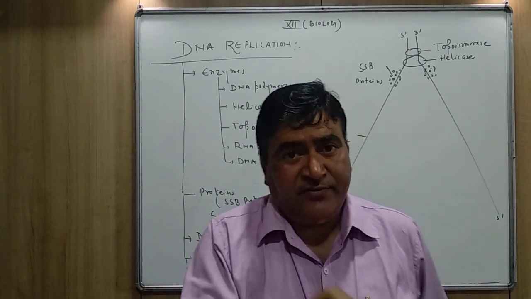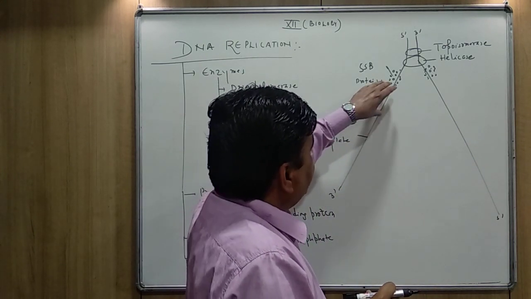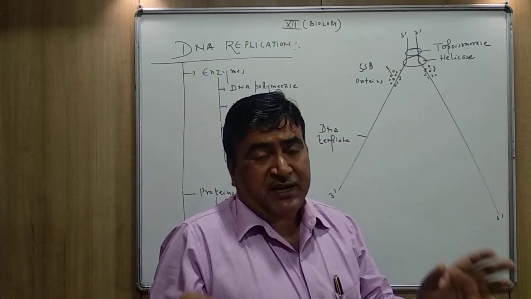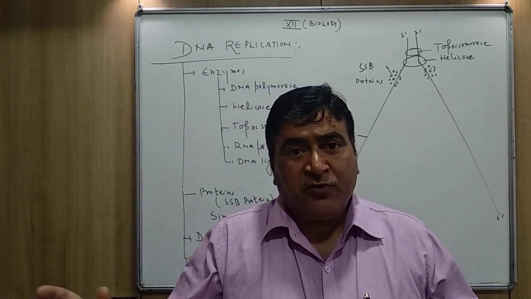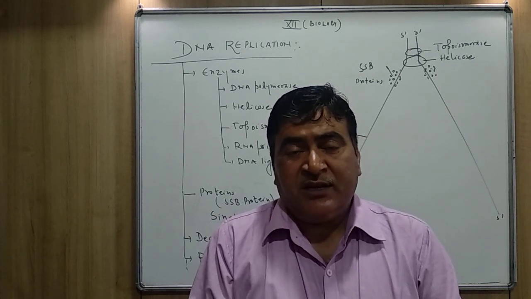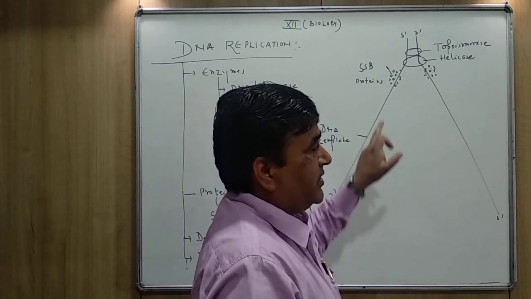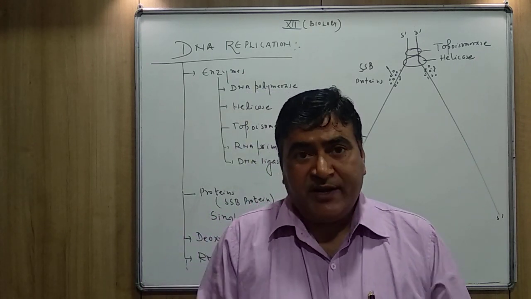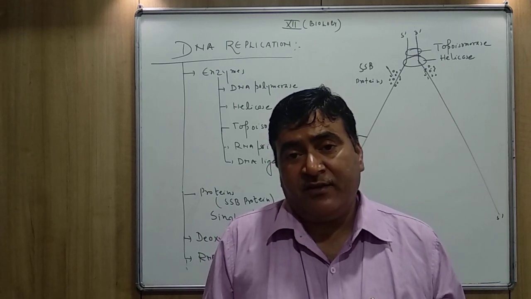The SSB proteins bind the single strand of this duplex DNA, and therefore the double-stranded DNA is not going to join again with the hydrogen bonds. If they are not held by the SSB protein, they may be coiled again, and there may be winding of the duplex DNA to form the double helical structure again.